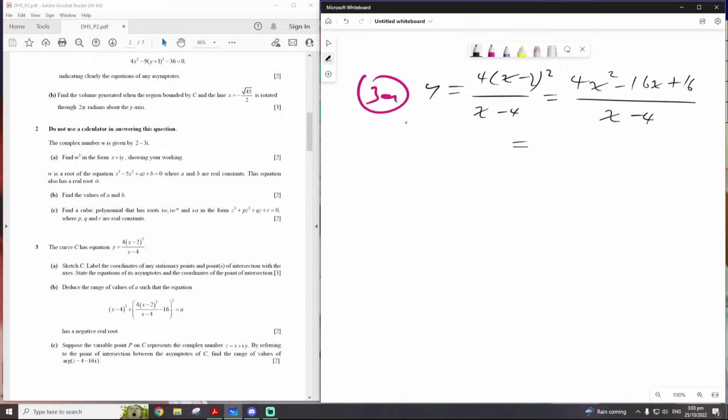If I simplify this, I'll get 4x plus 16 over x minus 4. So immediately the oblique asymptote is just y equals 4x.